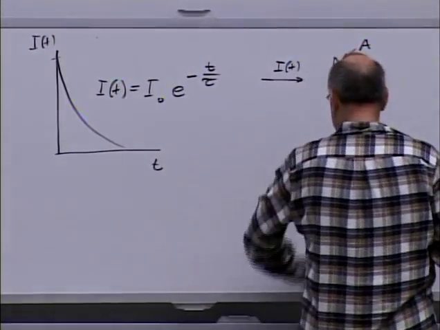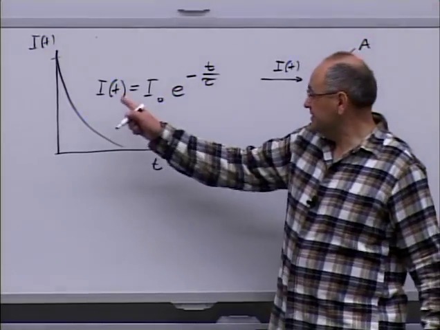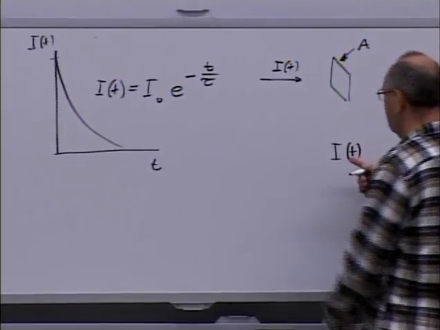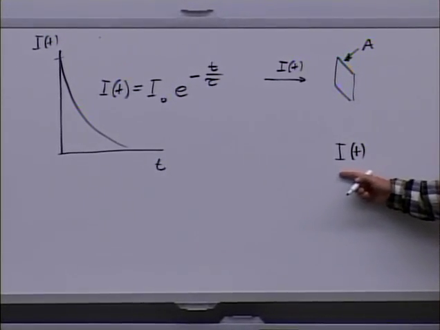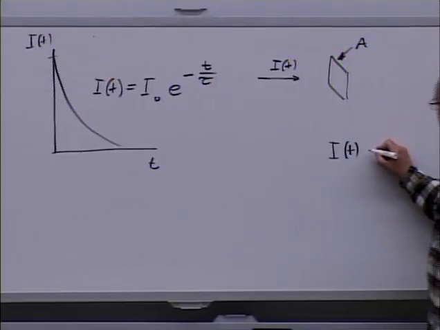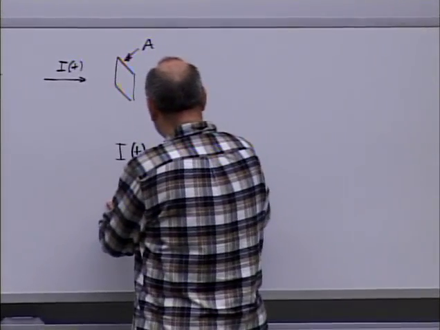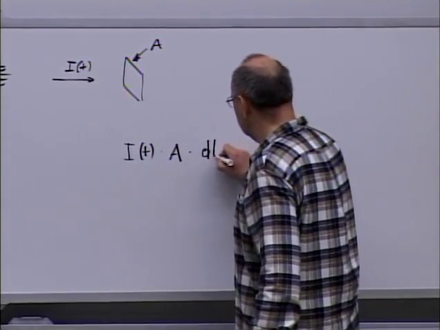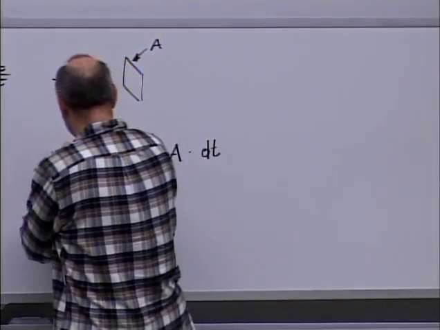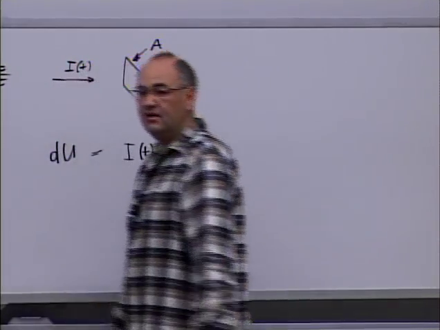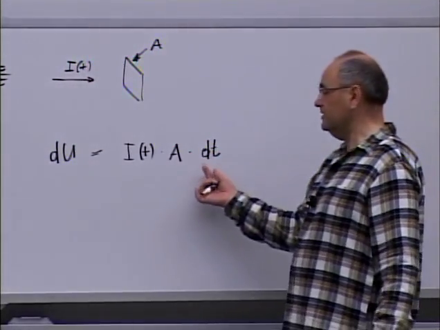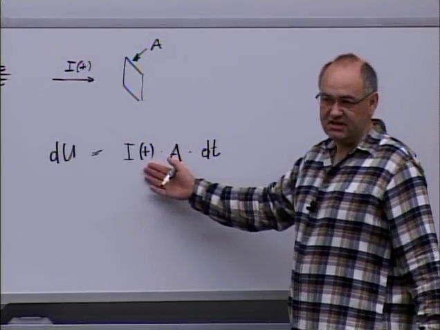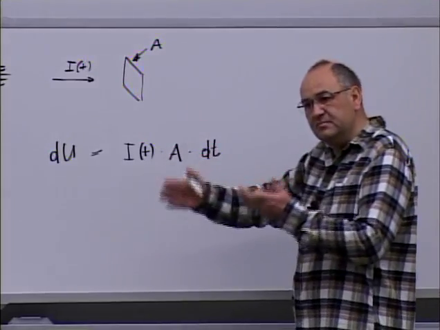In a certain instant t, when intensity has this value, I have to multiply intensity by the area and by the time to get the energy falling on that surface within the time interval dt at instant t, so from t to t plus dt.